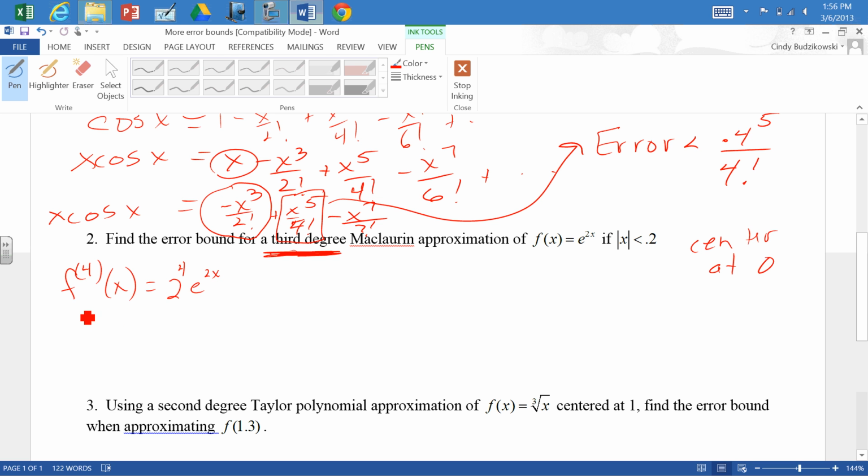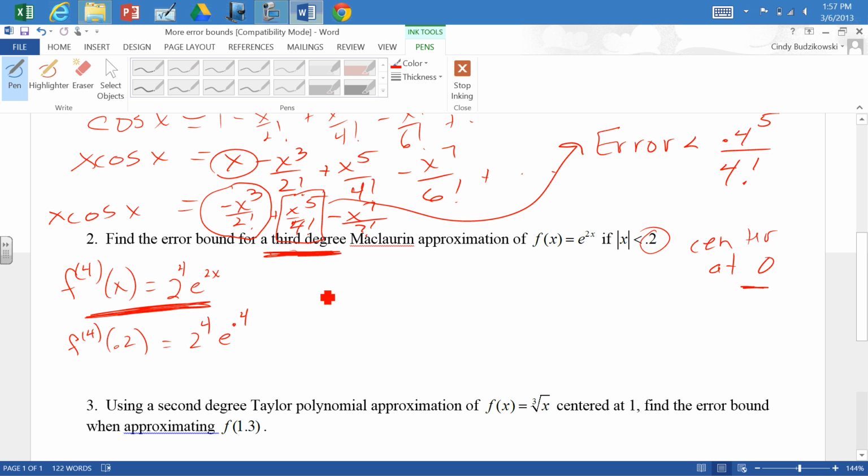And I'm trying to find the largest value between 0.2 and 0. And so it's looking like 0.2 is going to be the largest one. So the fourth derivative at 0.2 is 2 to the fourth times e to the 0.4.